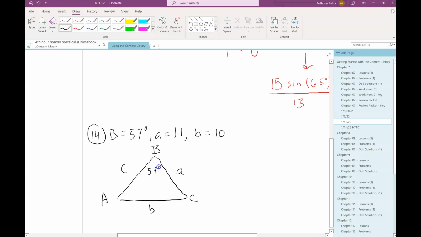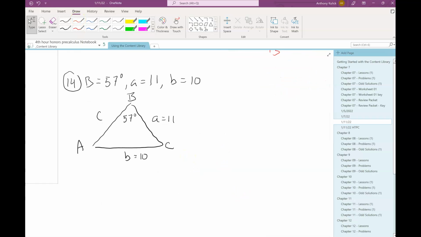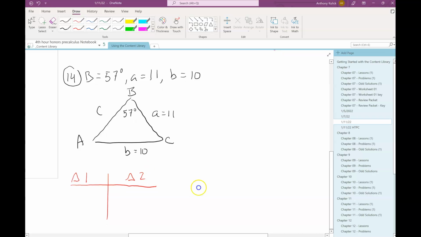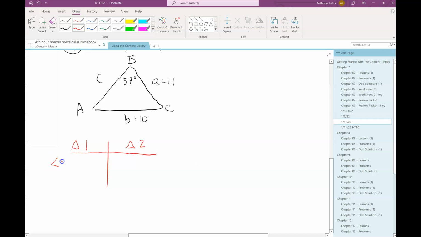So again, I always start with drawing and labeling my picture here. So I'm going to make a space to write my answers for triangle 1 and for triangle 2. So the given information is a part of both triangle 1 and triangle 2.